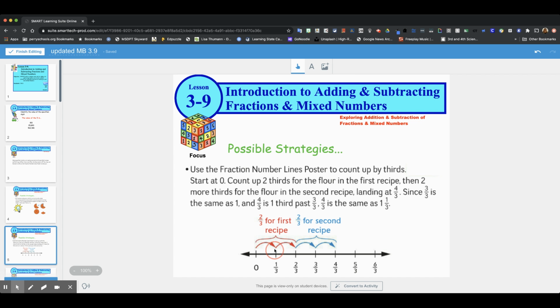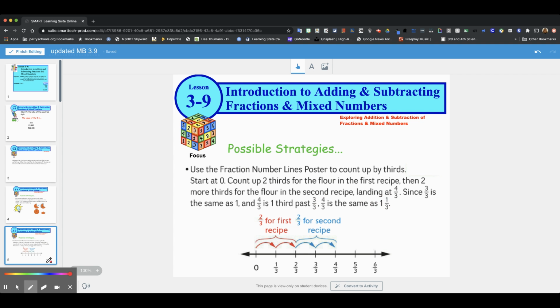Okay, so 1 2/3, and then add another 1 2/3. Nope, I'm sorry. Let's back that up. I messed up. We go 2/3 and 2/3, and that results in 4/3. And that's the same as 1 and 1/3.